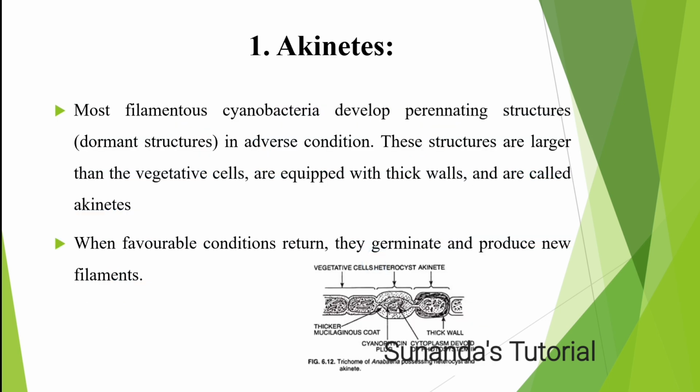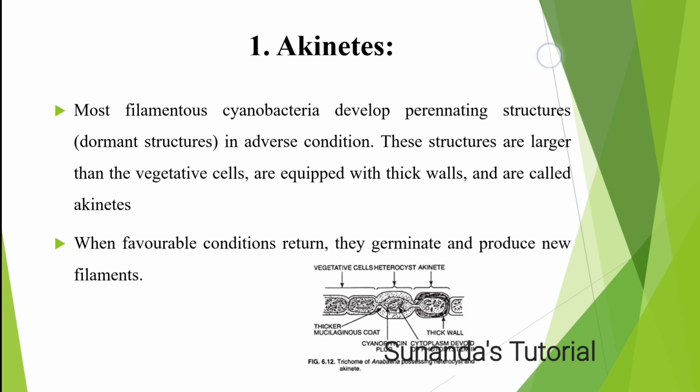Next, some cyanobacteria produce akinetes. Most filamentous cyanobacteria develop a perennating structure or a dormant structure in adverse condition. These structures are larger than vegetative cells and are equipped with a thick wall, called akinetes.